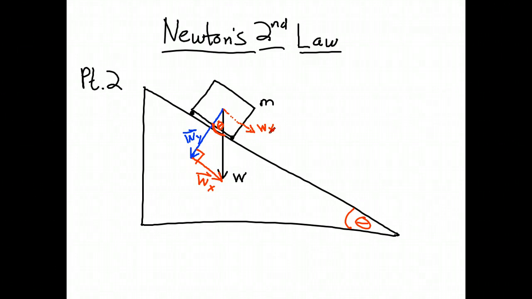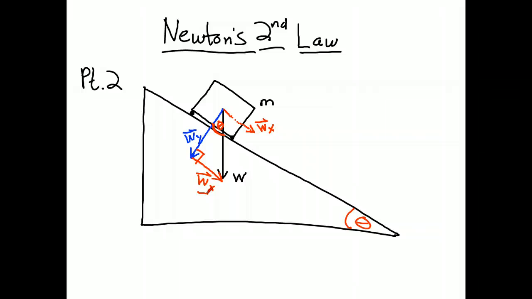Now remember, we can draw vectors anywhere we want. As long as it's the same direction and the same size, it is the same vector. So Wx on top right here and Wx right here are the same. The reason that I draw the triangle the way I do is so that we can just use the same angle and not have to play with the angles at all.